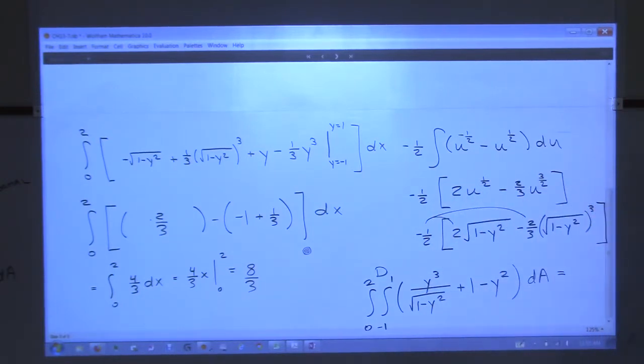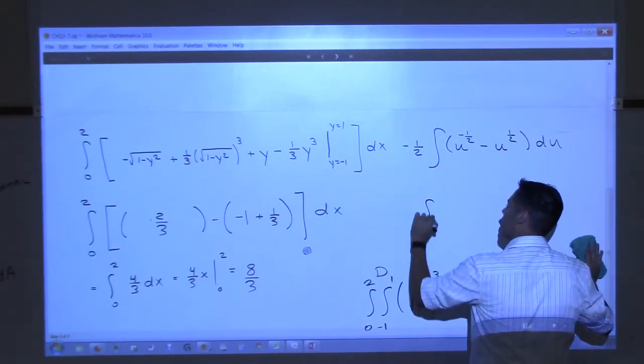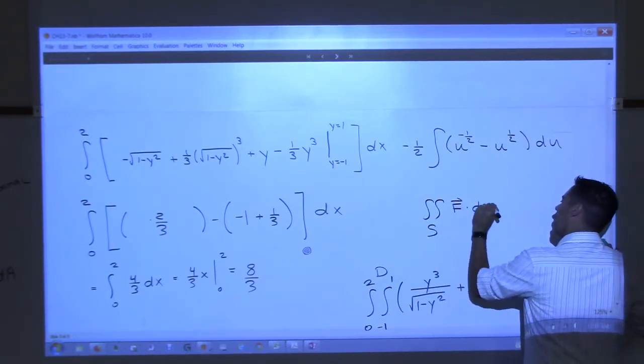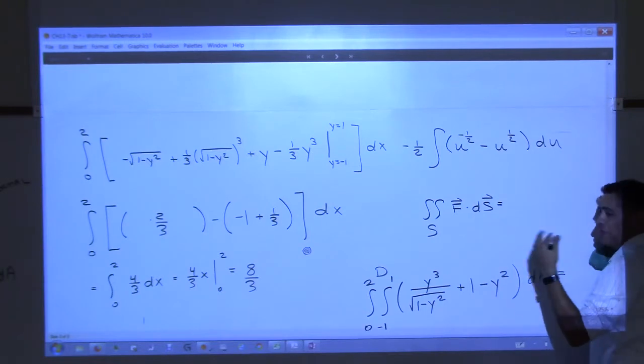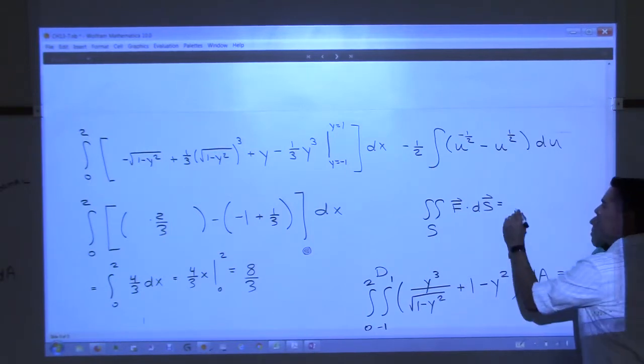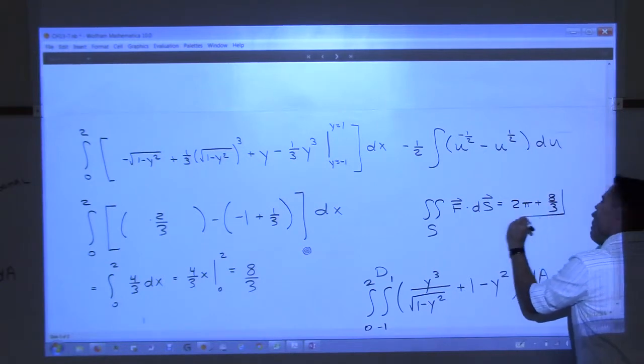So what is the flux over this surface? The flux over the entire surface of F dot dS for this problem is, we had 2 pi from earlier, right? S1 gave us 2 pi. S2 gave us 0. S3 gave us 0, right? So we have 2 pi plus 8/3. Here we go.